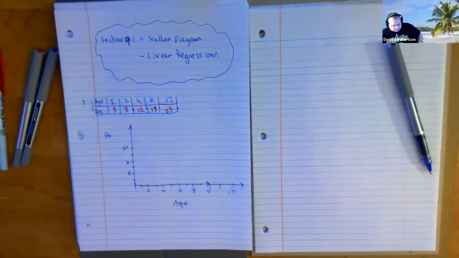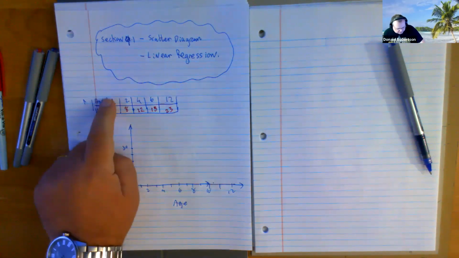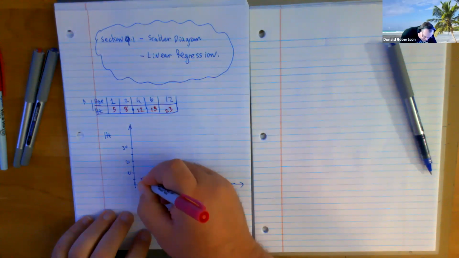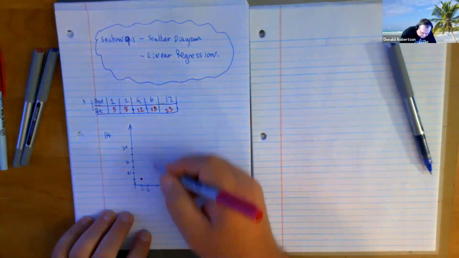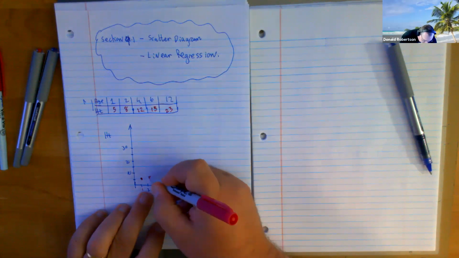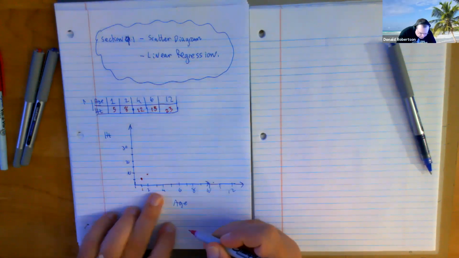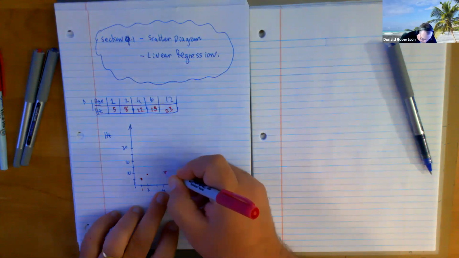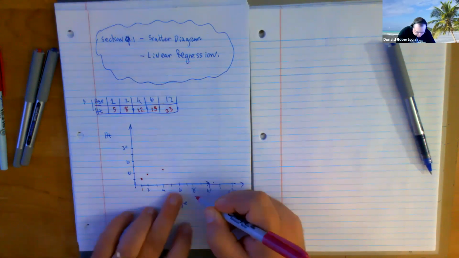So what does a scatter diagram look like? It's really just plotting coordinates. At the age of 1, it was 5 inches tall, so it would be about here, right? At 2, it got to 8, which is probably about there. By 4, it was 12, which would take it to about here.